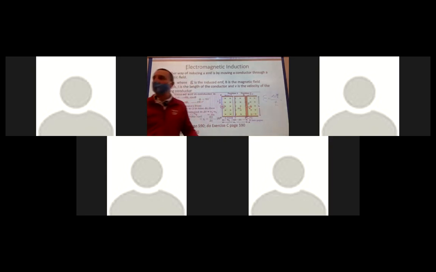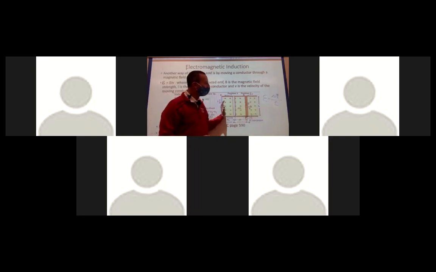And that's what this is. It just looks different, but it's the same, right? Because flux is magnetic field times area, which, as we just said, that's magnetic field times area over time, the rate of change in flux. So it's just a different scenario. It looks different, but it's the same. Okay.